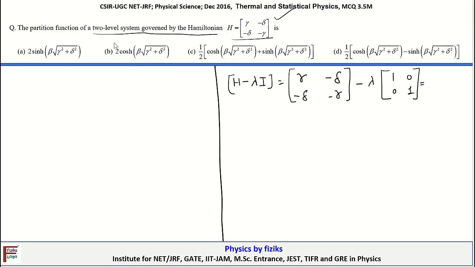After multiplication we will obtain gamma minus lambda, minus delta, and then minus gamma minus lambda.